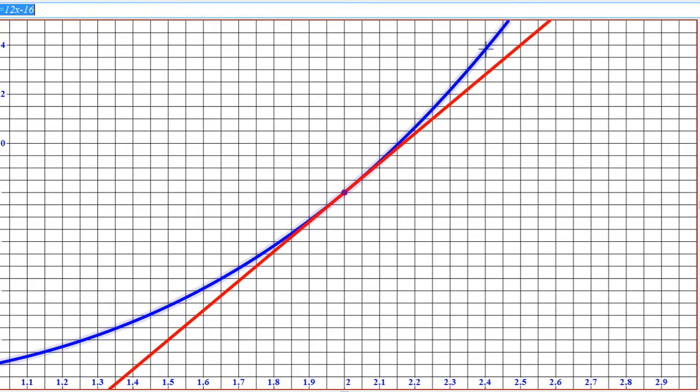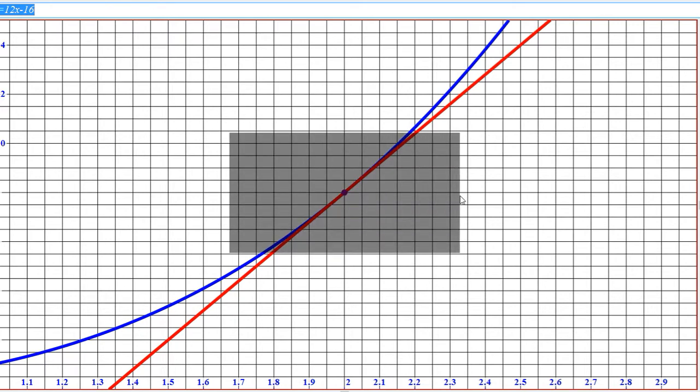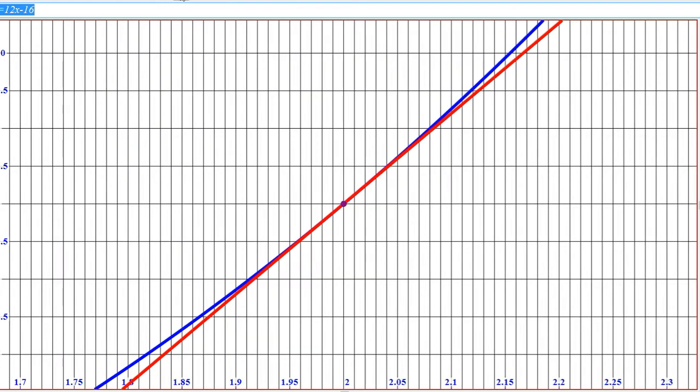So again, you can see some deviation here between the original graph and the tangent line, but right in here you're going to see a lot closer. So if I zoom in, say just on this part of the graph, again you see some deviation, but if you start looking at the scale here, this is a pretty small amount.